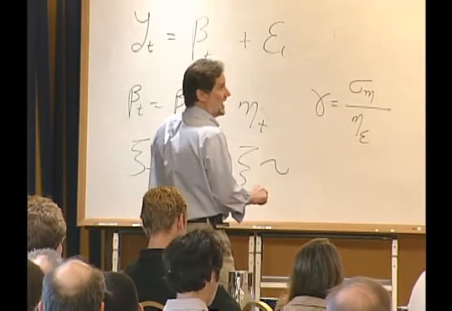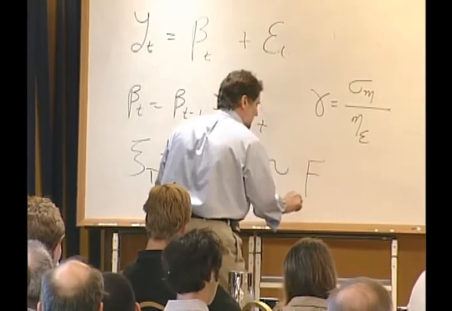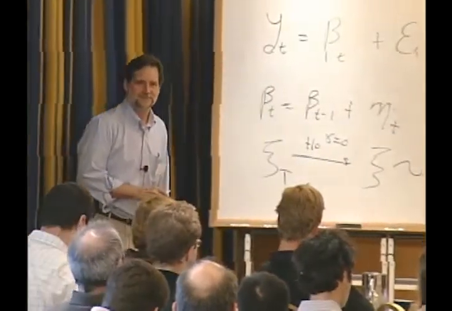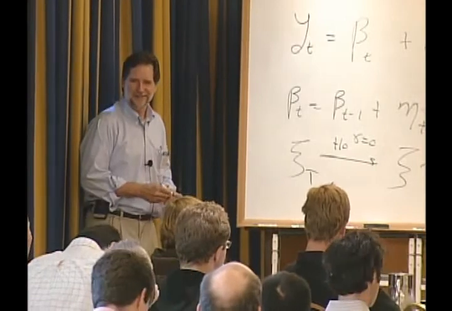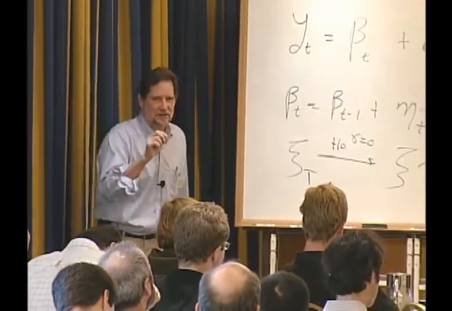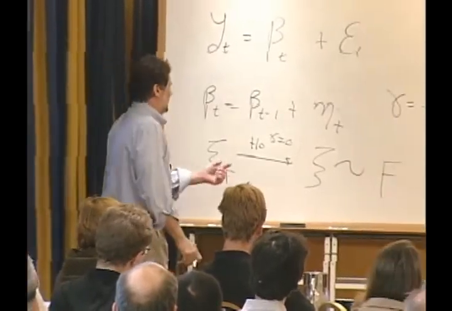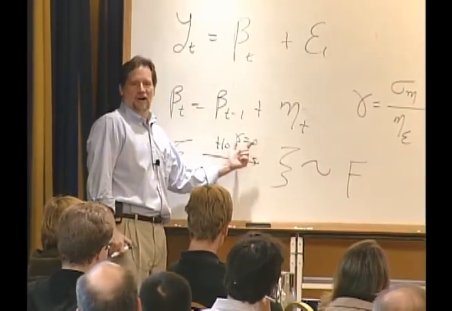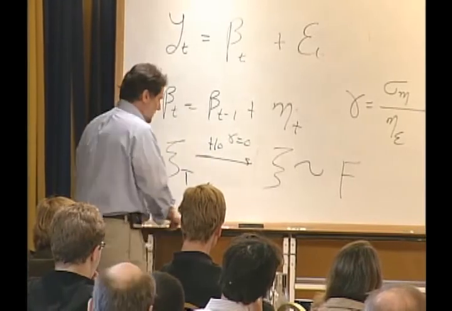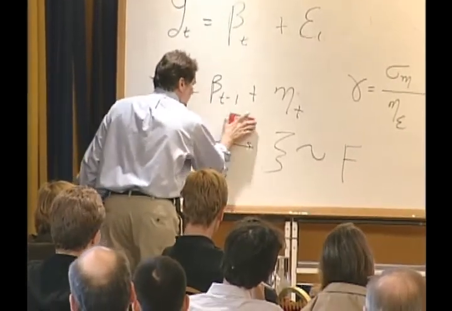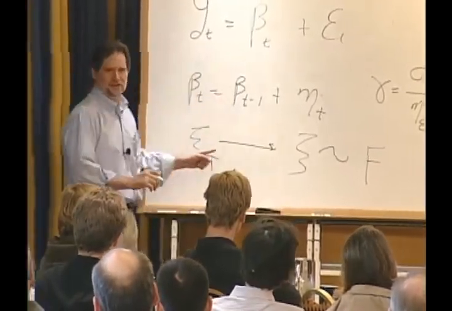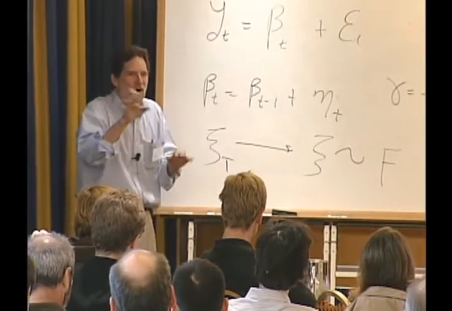And that guy has some probability distribution F. Okay? Well, now what we're going to do is modify this just slightly. Let's think about gamma as being small. Let's work out this probability distribution for any small value of gamma.